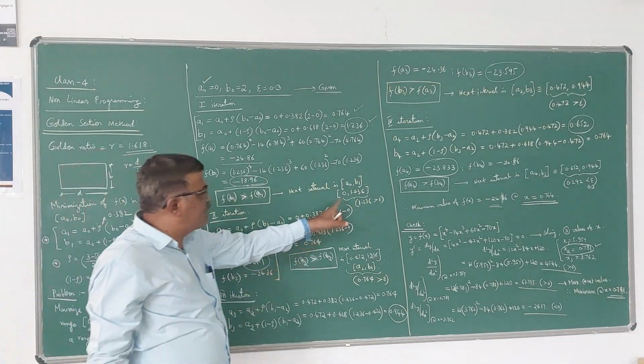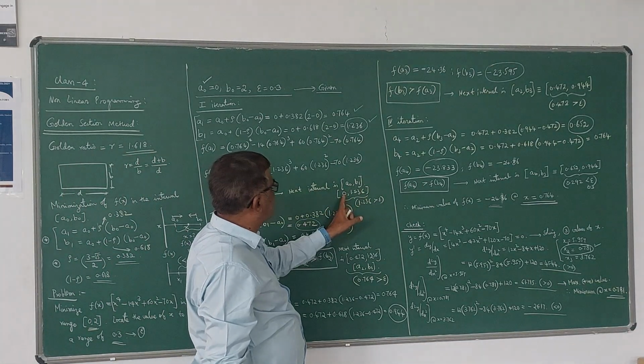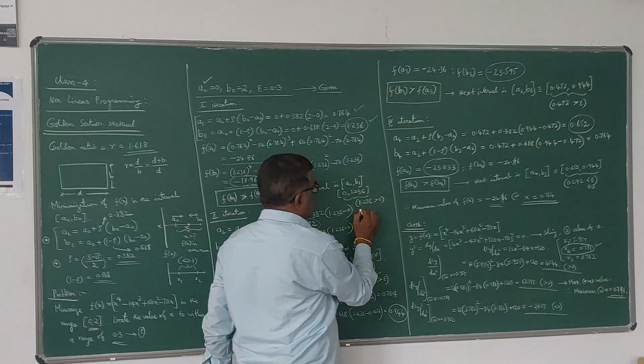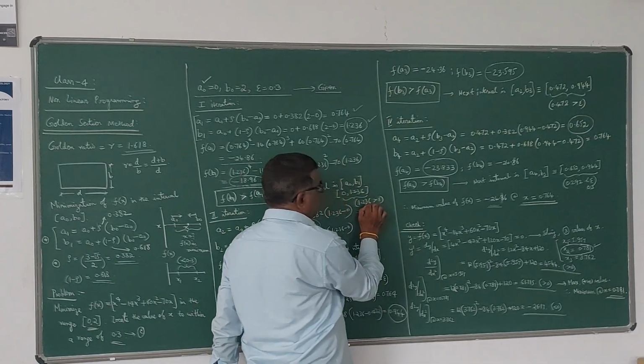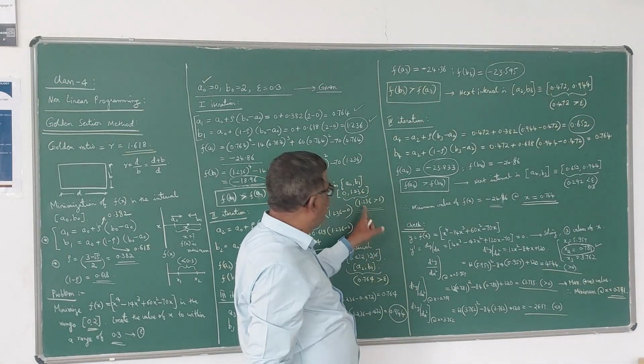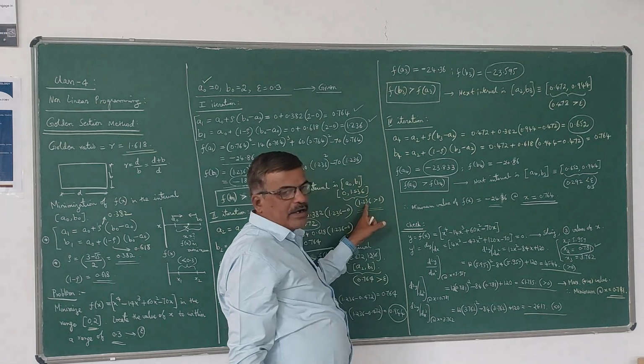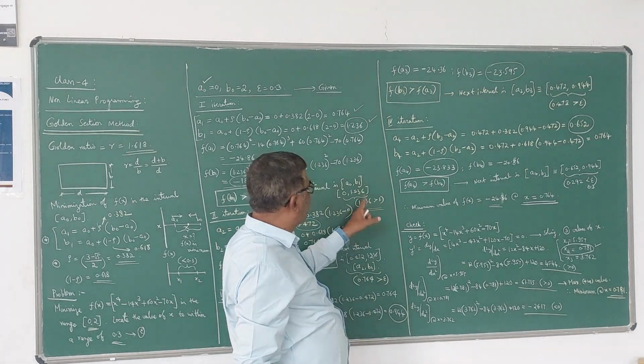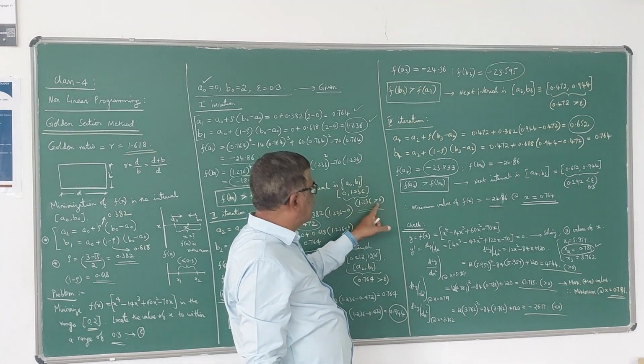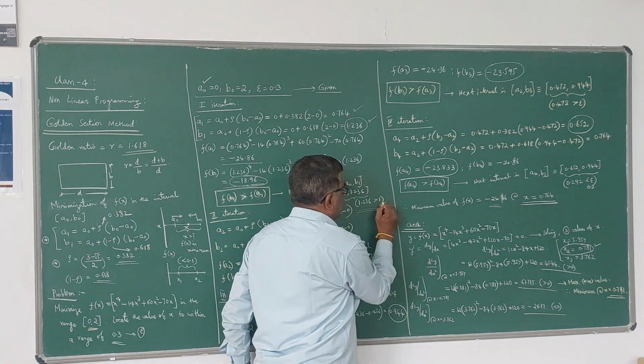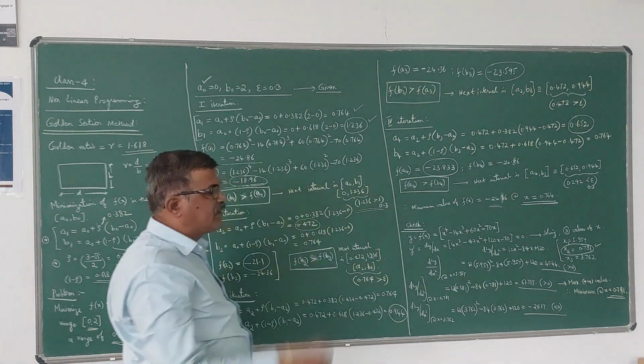So the difference between these two, 1.236 minus 0 is 1.236 only. We have to do iterations till we get this value less than 0.3. But here we are getting 1.236 as the difference, which is greater than 0.3. Epsilon is 0.3 here. So therefore, we have to move still further.